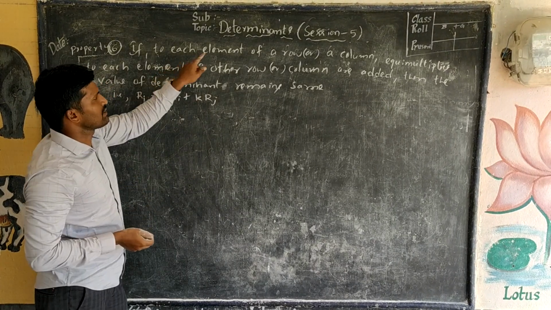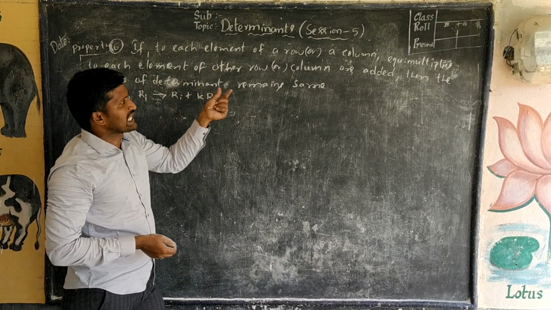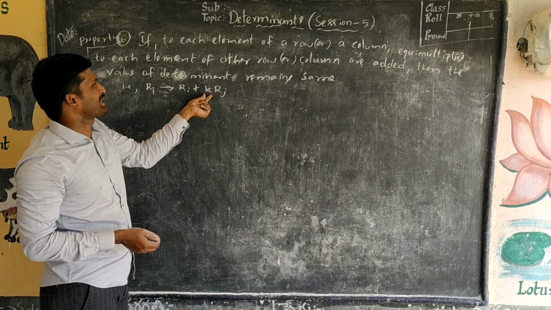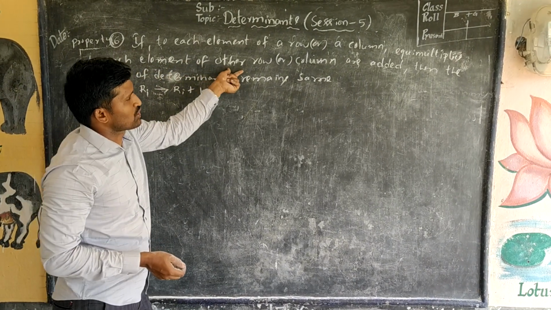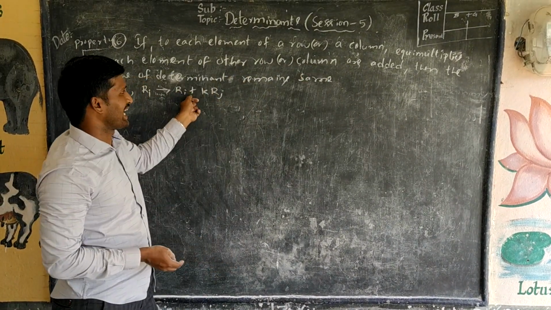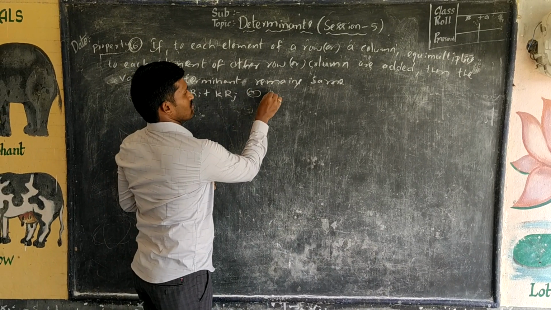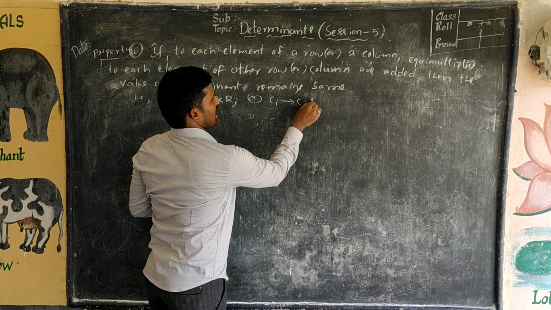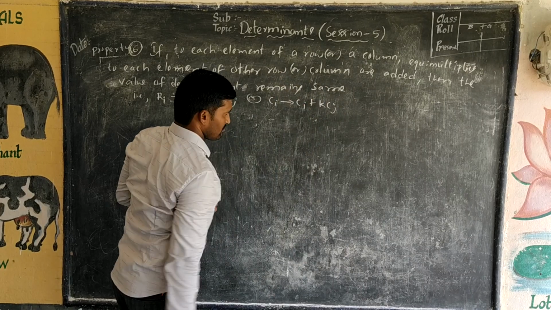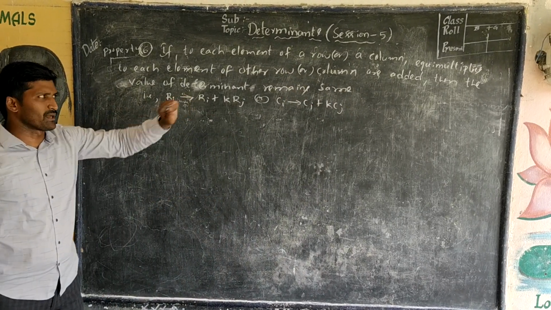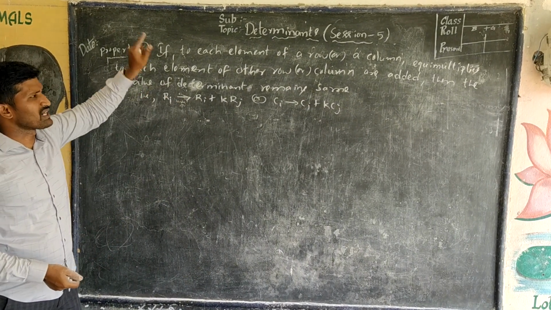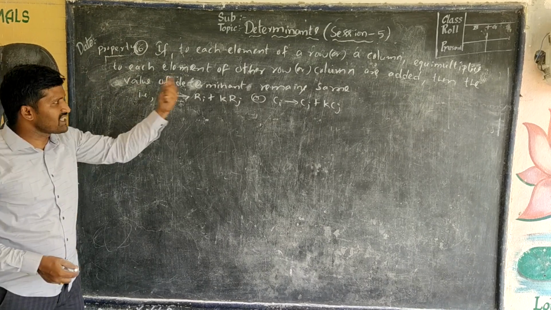Similarly for columns: Ci tends to Ci plus K into Cj. When you apply these two properties, the value of determinant remains the same, no changes.